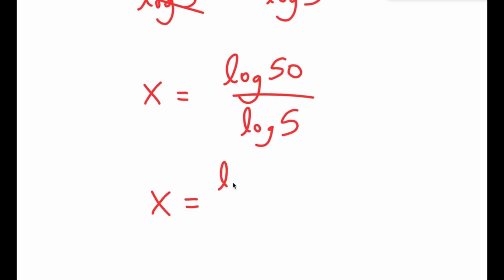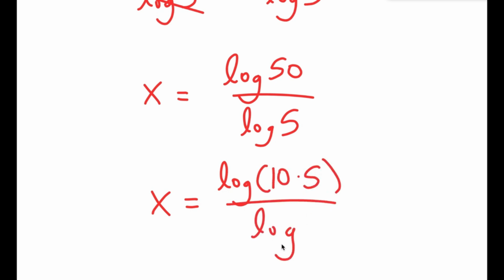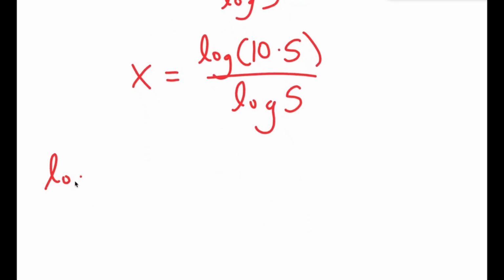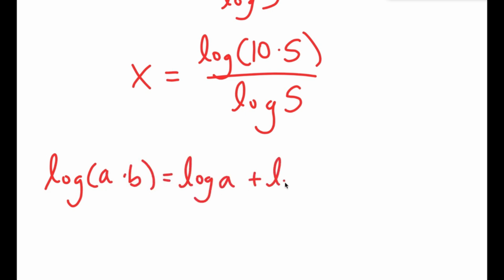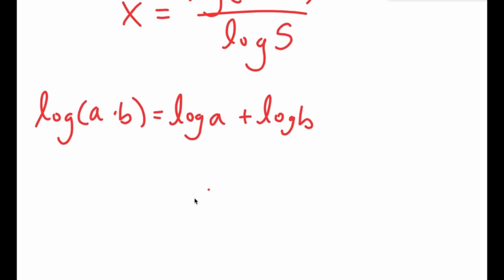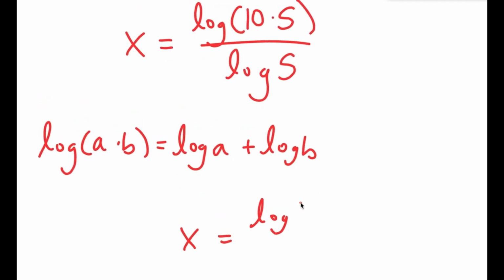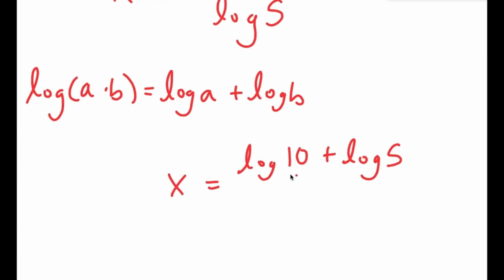Now I'm going to rewrite this as log of 10 times 5 over log of 5. If I have something in the form log a times b, this is equal to log a plus log b. So this turns into x is equal to log of 10 plus log of 5, and I have this over log of 5.